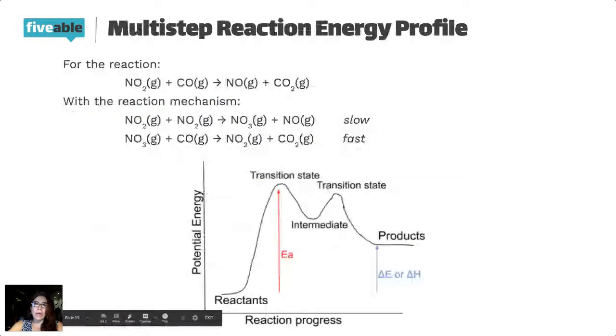Okay. Now, this is where I will explain the multi-step reaction energy profile. Sorry for my diagrams. I couldn't get the curved line to be all in one step, but well, the important thing is the idea.